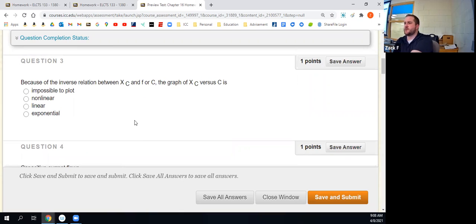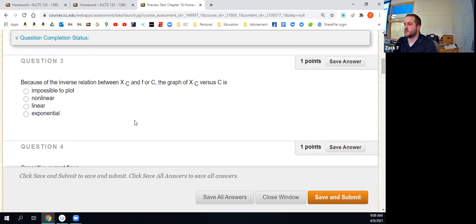Because of the inverse relation between X sub C, what does X sub C mean? Capacitive reactance. A capacitive reactance is a resistive value, but it only happens in alternating current circuits.